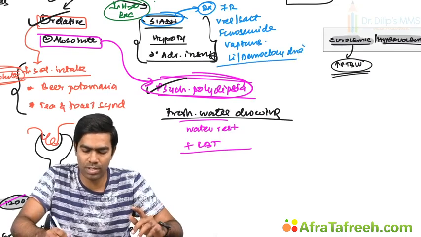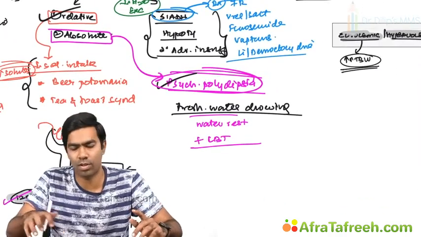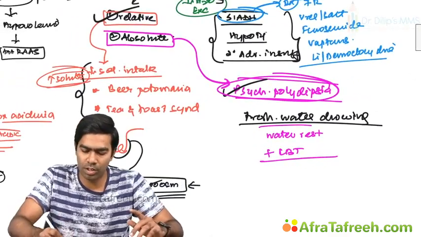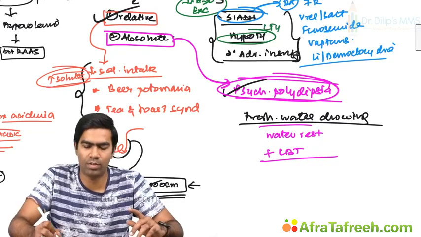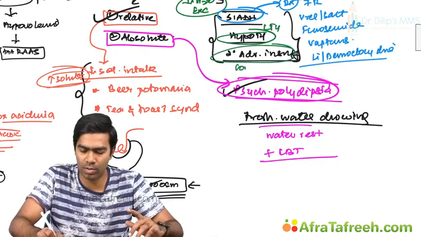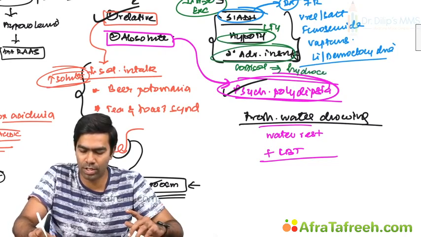So all this can be used as a therapeutic option in case of SIADH. We have discussed already. Similarly, hypothyroidism, you are just going to replace levothyroxine. In adrenal insufficiency, I am just going to replace cortisol in the form of hydrocortisone. That's all. That's going to correct the disorder.